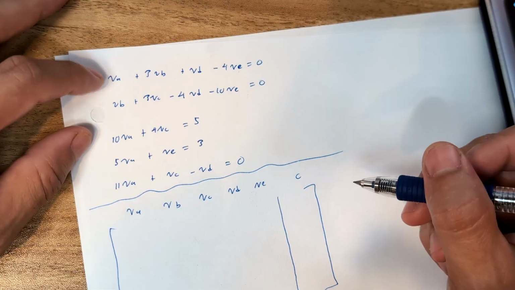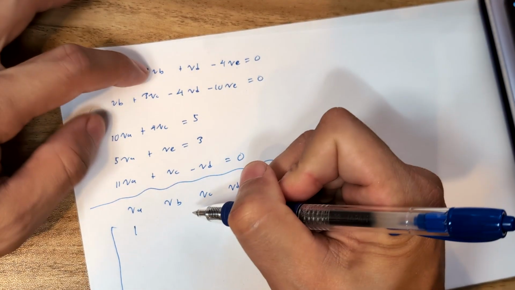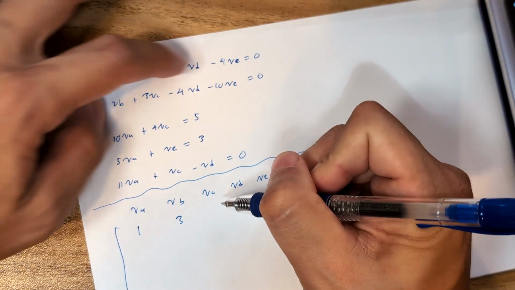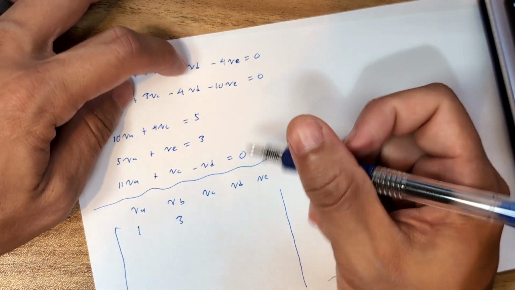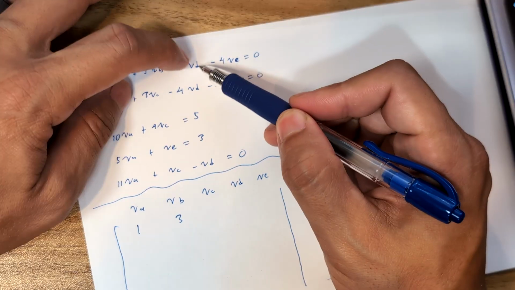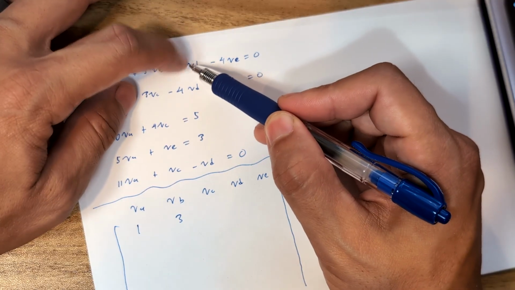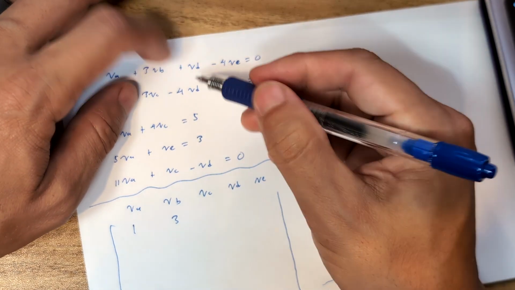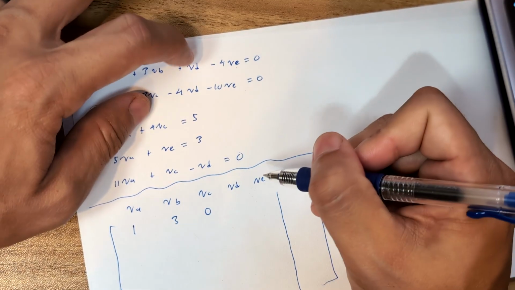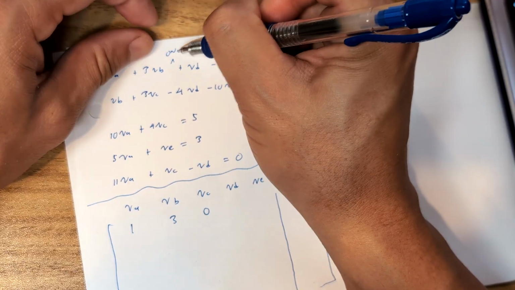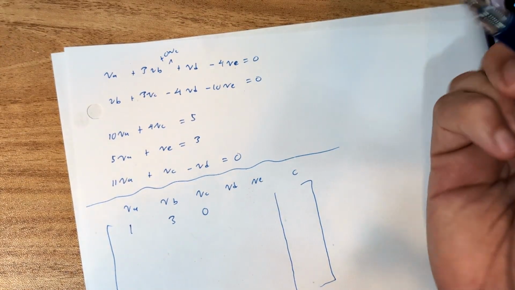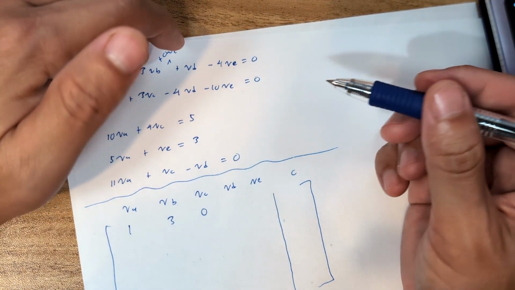All right, so our first VA is a 1, VB is 3, and then there's no VC, so just be careful. Like you might be mistaken to put a 1 on the C, but there's no VC, so that's going to be 0. You could put a 0 VC up here if you wanted to, just to make it clear, but you can do that as well.